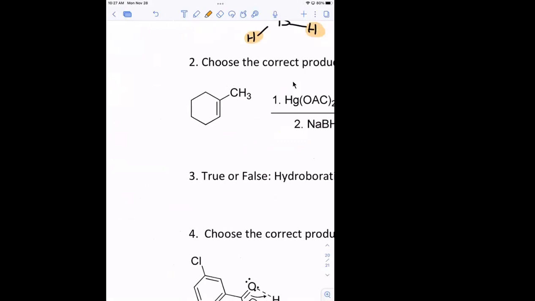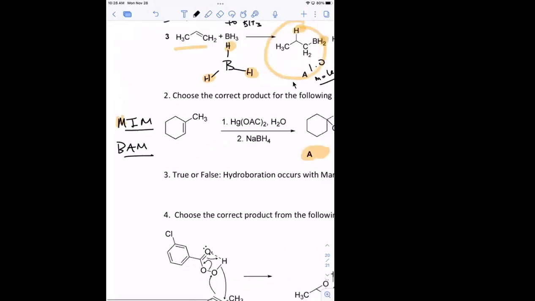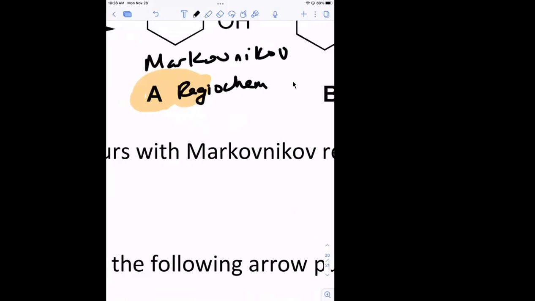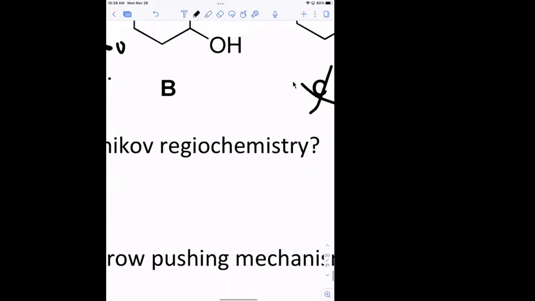Hydroboration, oxidation. I gave you a mnemonic. Mercury is Markovnikov. Boron is anti-Markovnikov. So if I want the anti-Markovnikov product, I use BH3.